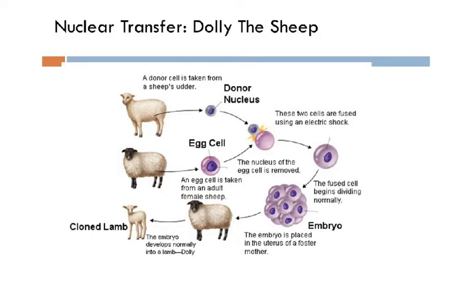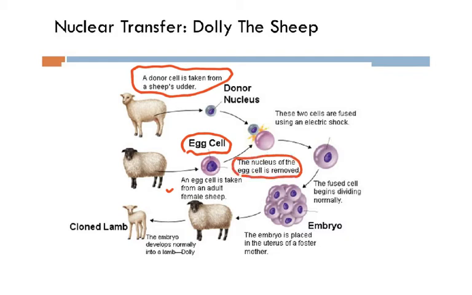Now I would like to talk a little about Dolly the sheep and how she was cloned. So what did we have? We had first a donor cell taken from a sheep's udder. And then we had an egg cell taken from an adult female sheep, and then we fused the two. But what we did was remove the nucleus of the egg cell, so the egg cell did not have any nucleus.